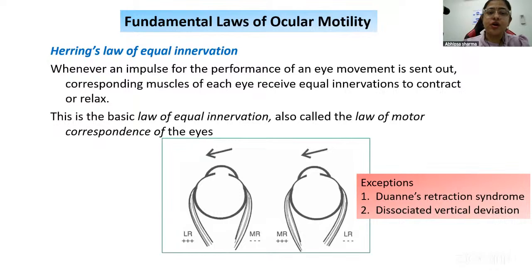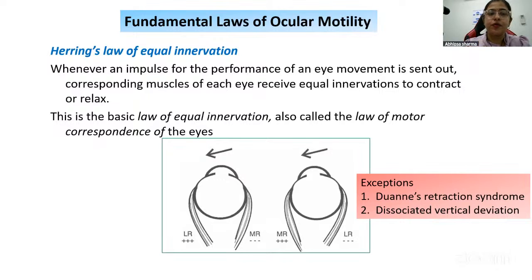The fourth is Hering's law of equal innervation, which states that whenever an impulse for the performance of an eye movement is sent out, corresponding muscles of each eye receive equal innervation to contract or relax. So this is basically what I have told about yoke muscles.